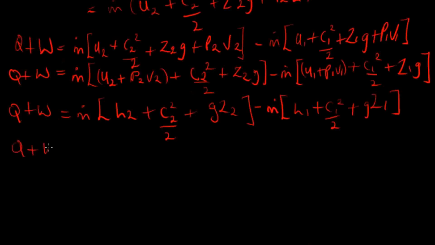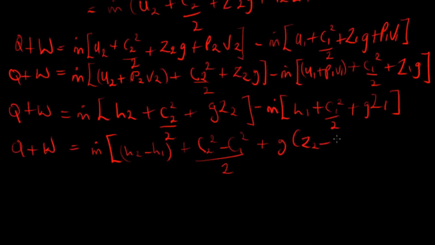So finally, H2 minus H1 plus the change in C, where C2 and C1 are the outlet and inlet velocity, plus G times (Z2 minus Z1). Somebody might be asking, what's all this?